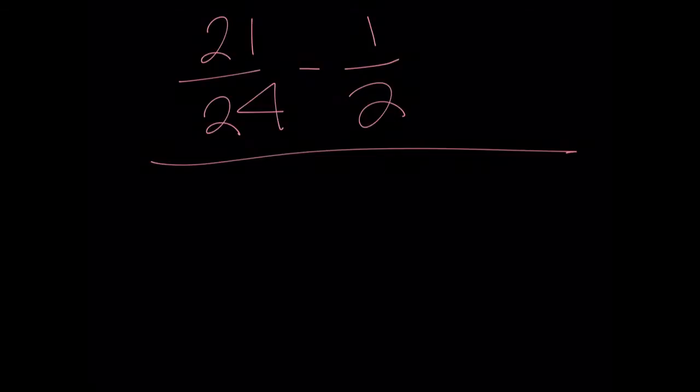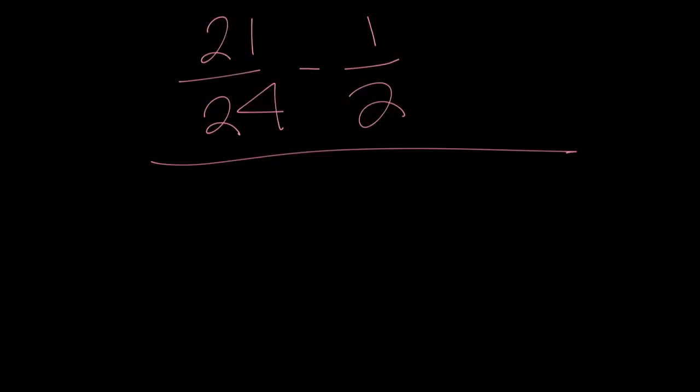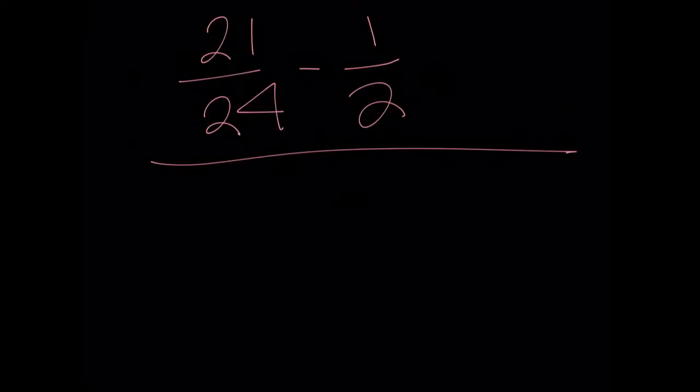Okay, so this problem is a little more difficult because they don't have common denominators. If your fractions don't have common denominators, you're going to have to find the least common denominator. The least common denominator for 21/24ths and 1/2 is 12. So 21/24ths is going to stay the same.